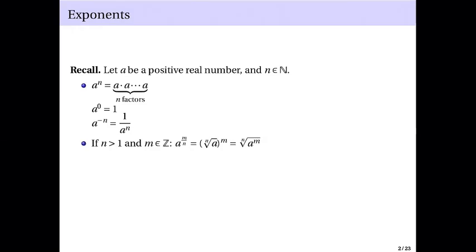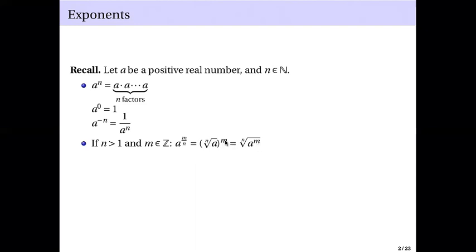Okay? And then if n is greater than 1 and m is any integer, so here n is still a positive integer, but this time greater than 1, meaning starting from 2. So 2, 3, 4, etc. And then we take m to be any integer. We defined a raised to m over n to be the nth root of a raised to the power m, or we can also write it as the nth root of a to the power m.